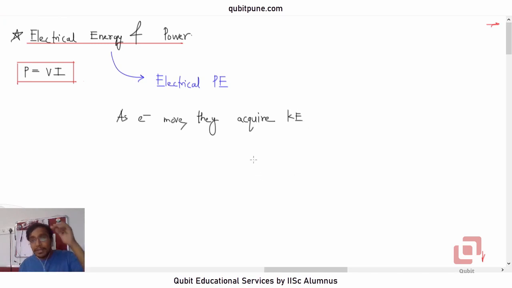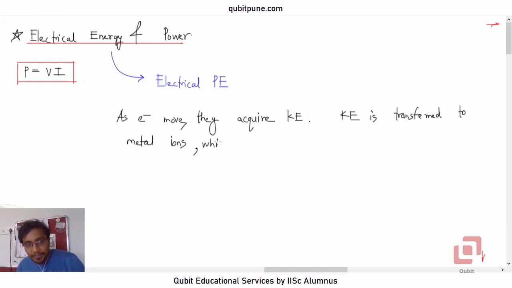Okay, but because the resistance is non-zero, some portion of this kinetic energy is transferred to metal ions, which vibrate, and this results in heat.